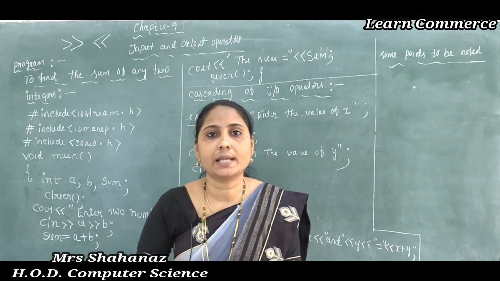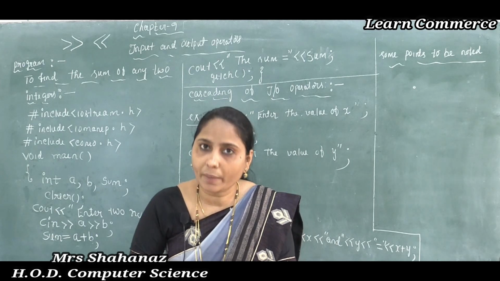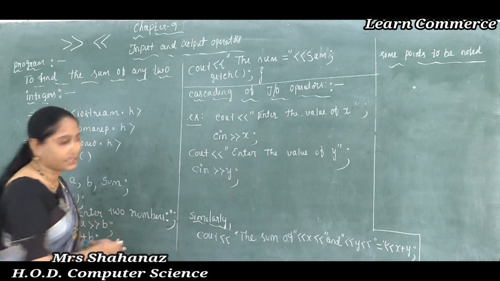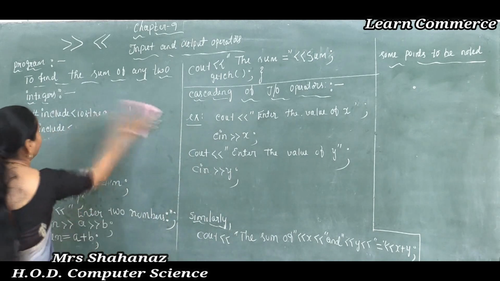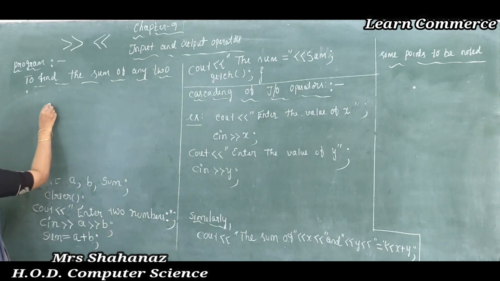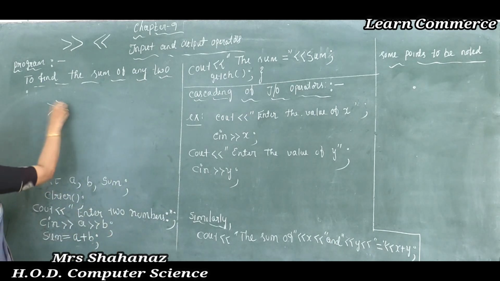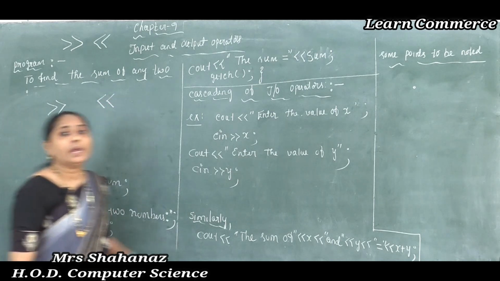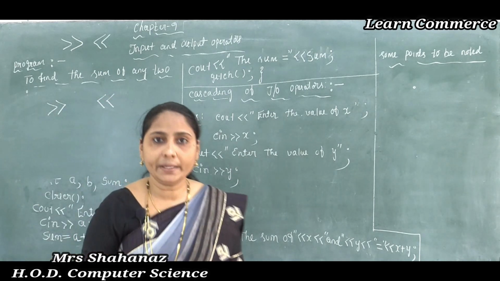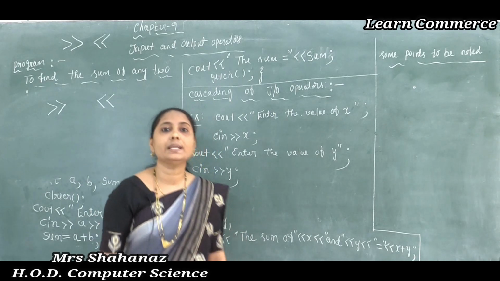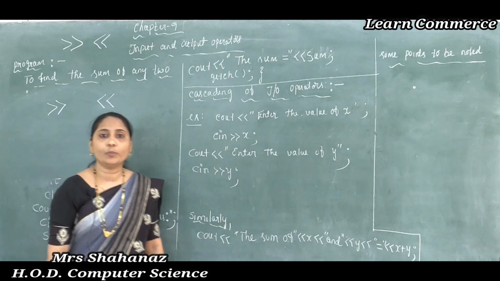Here we can say that our C++ programming language supports the use of the stream extraction operator. As we know, the stream extraction operator we are going to write in this manner, and also our C++ supports the stream insertion operator many times in a single cin, that is called the input, and in a single cout, that is called the output statement.